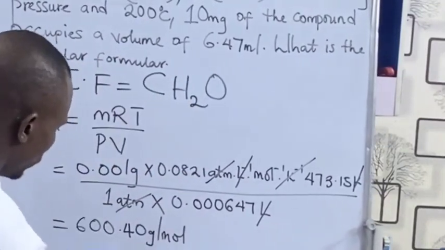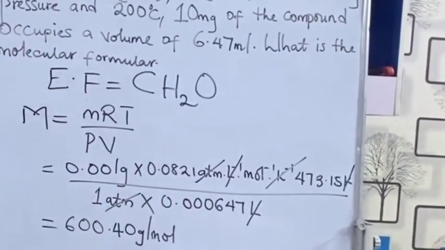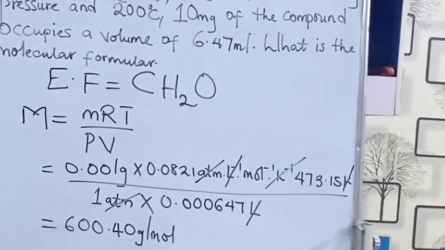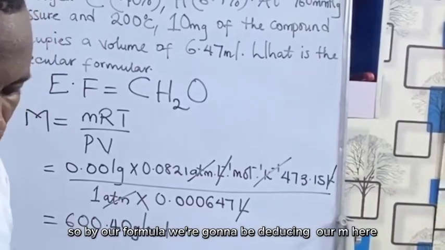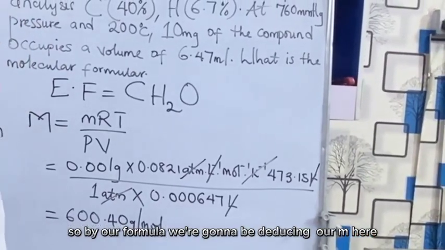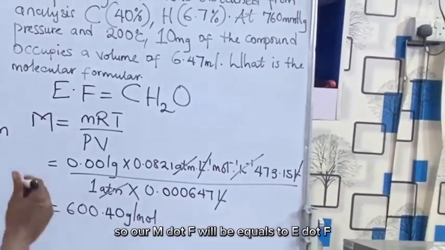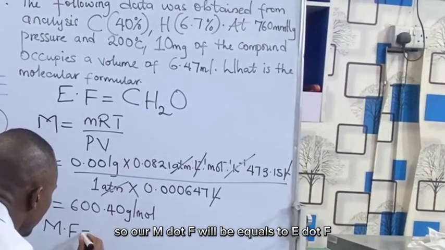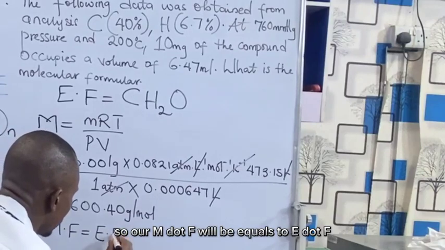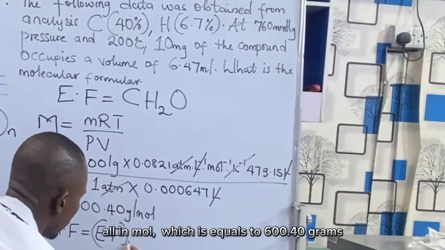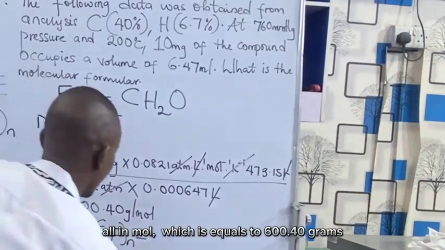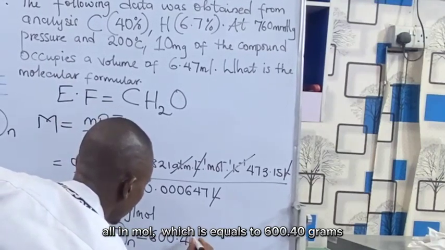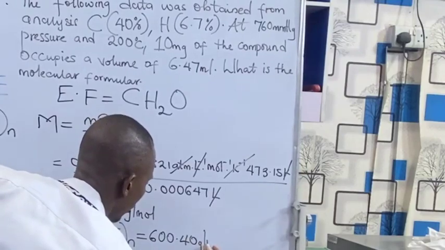Now, knowing too well we have gotten the molar mass there, we're going to insert it into our formula. So our M.F will be equal to E.F times n, which is equal to 600.40 grams per mole.